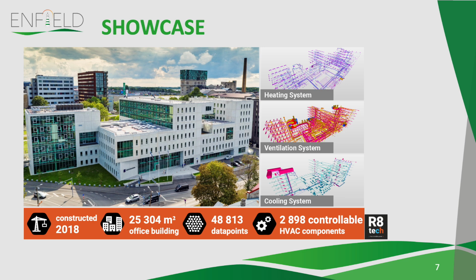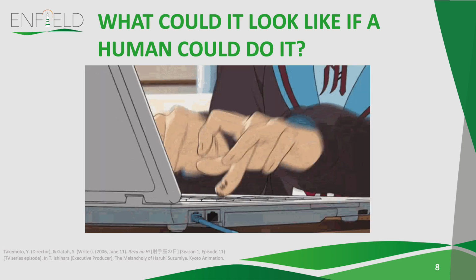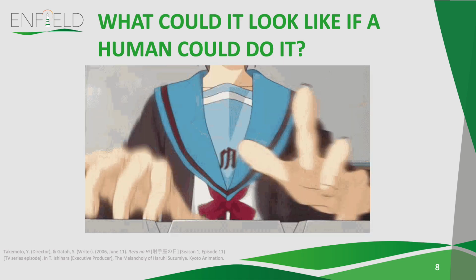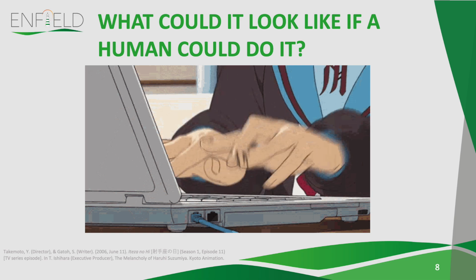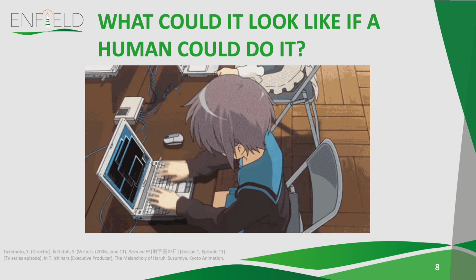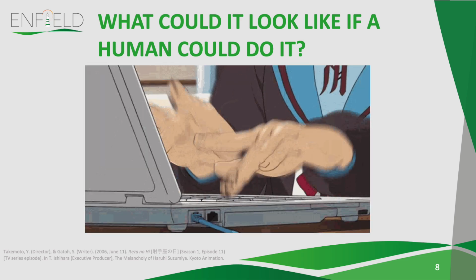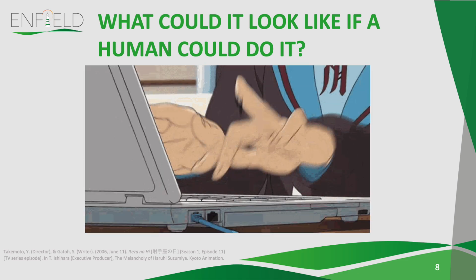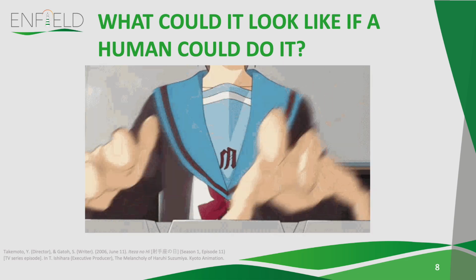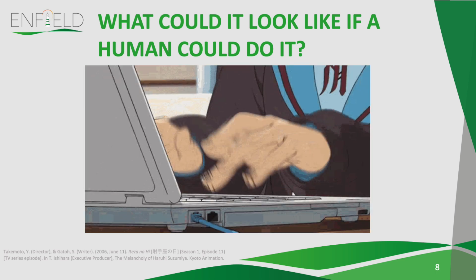Theoretically, all these adjustments could be made by a human. So if a human starts making all these changes, it will look like shown here. And besides the fact that theoretically all these adjustments, setting changes can be done by a human, it's not feasible for a human being.